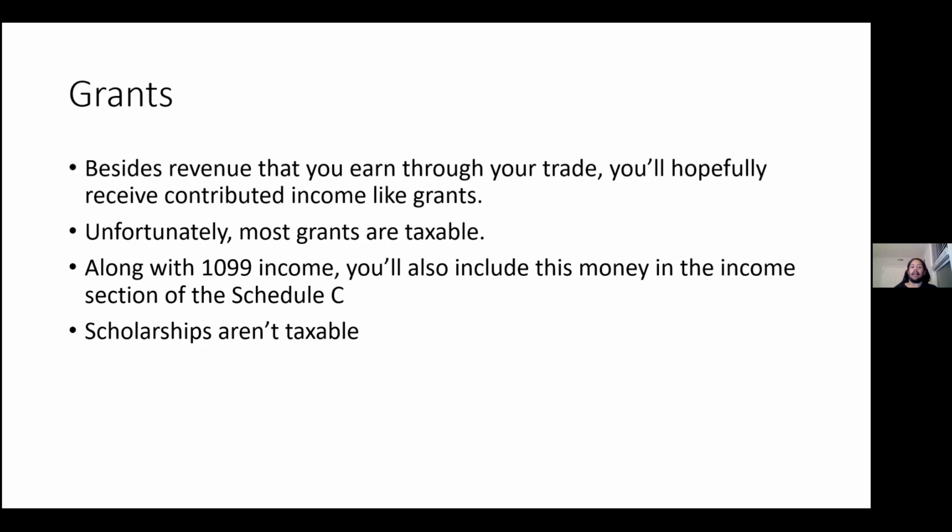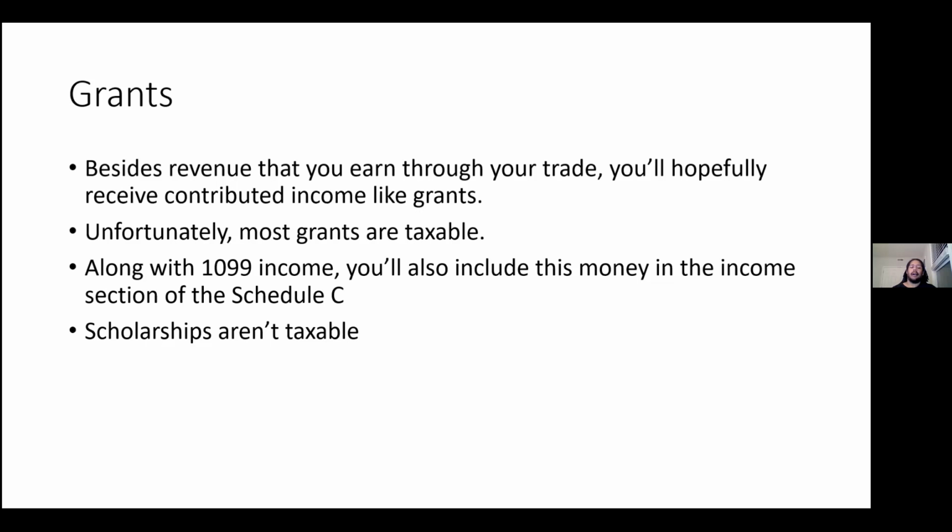Along with 1099 income, you also include this money on the income section of the Schedule C. Sometimes you won't get a 1099 for a grant, but you generally get something at the end of the year saying that. A lot of times you will too. It depends.